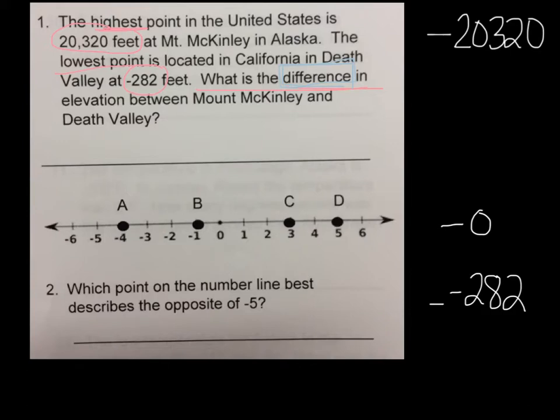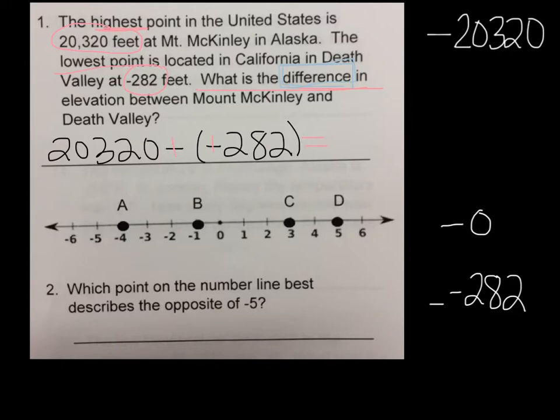So if I was going to look at this as a number sentence, I would say 20,320 minus negative 282. But instead of subtracting, I'm going to add the opposite. So this would become addition, and this would become the opposite, which would be positive. And then I'd add them all together.